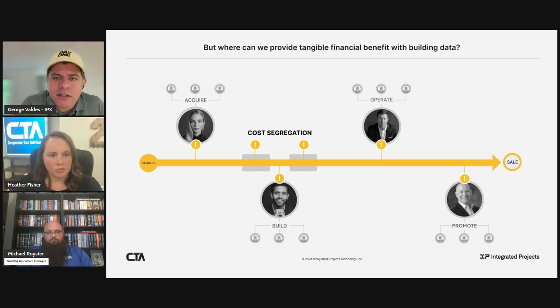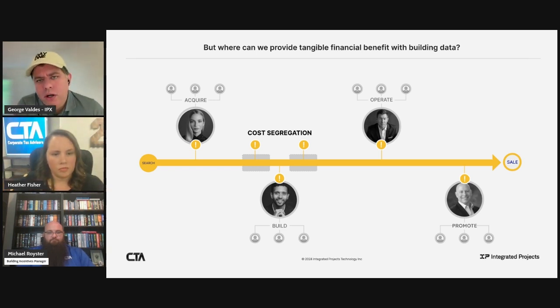One of the things that we came across was cost segregation. Our team is going to go into it in a minute. But one of the very interesting things about cost segregation as a practice is that they can leverage the same data as well, and it can actually expedite the work that they do. It is very helpful and informative, and can actually simplify the process.